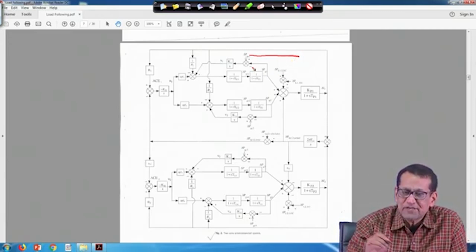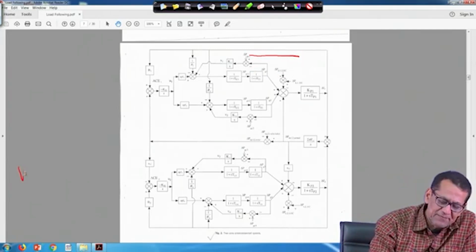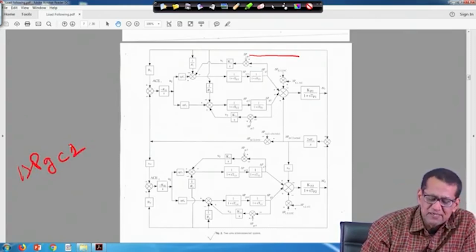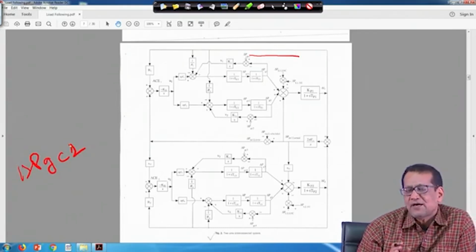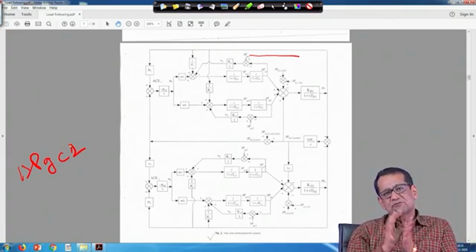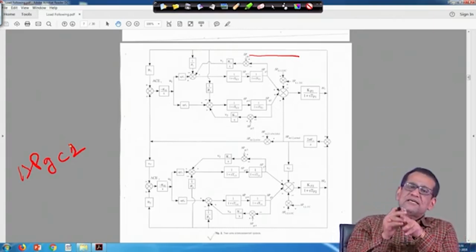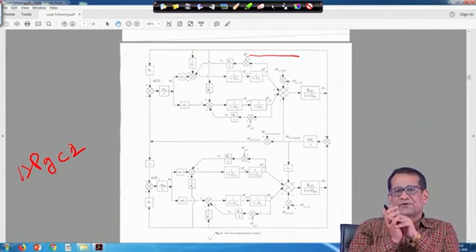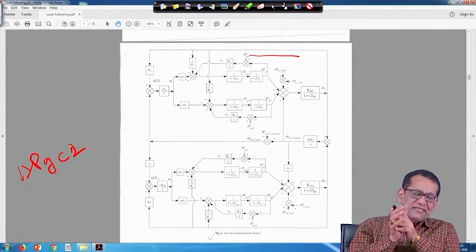For example, for unit 1 I am writing delta PGC1, that is with unit 1 the contracted power demand. There are 4 distribution companies, DISCO 1, DISCO 2, DISCO 3 and DISCO 4. They demand power, say delta PL1, delta PL2, delta PL3 and delta PL4, and you have the contract participation factor.